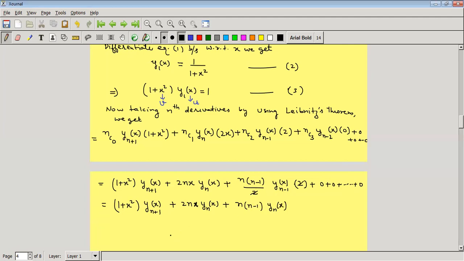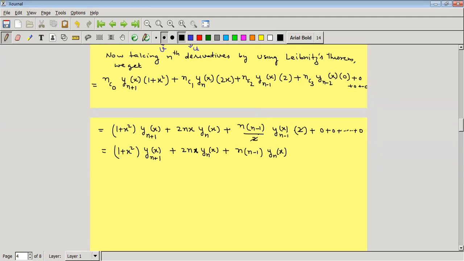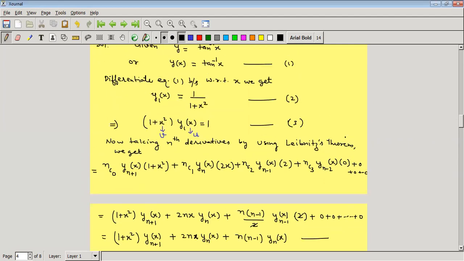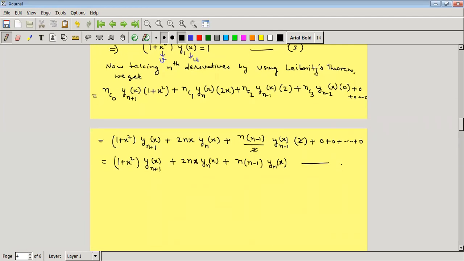So this is the nth derivative of equation number 3. We have found the nth derivative of the given function. Let this be equation number 4.